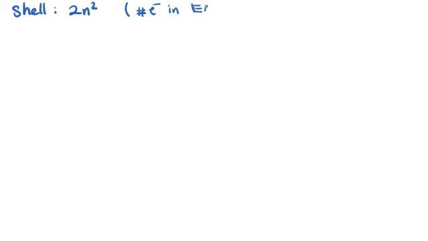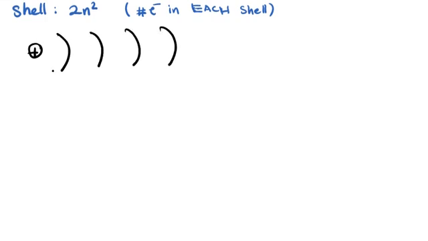Let me draw it like this: shell number 1, shell number 2, shell number 3, shell number 4, and we have 2 electrons here, 8 electrons, and I'm sure you can easily say 18 and 32 electrons here.